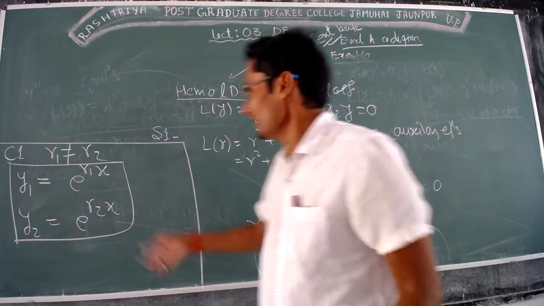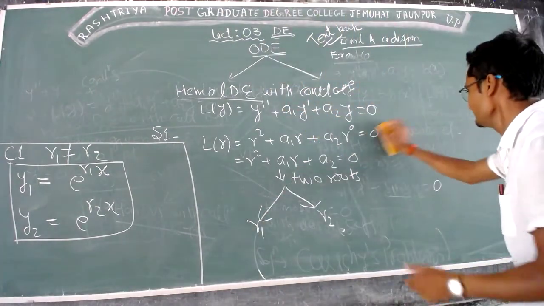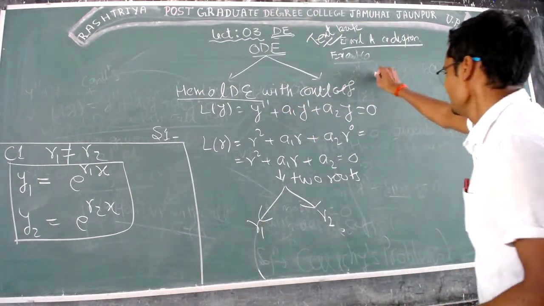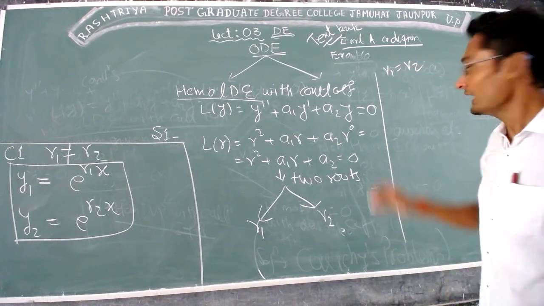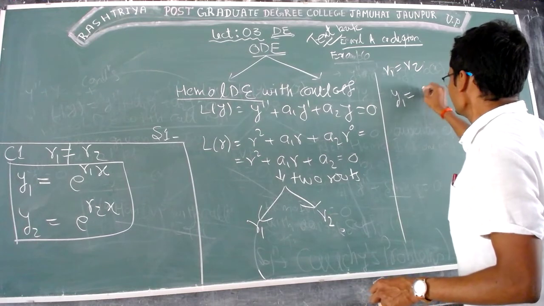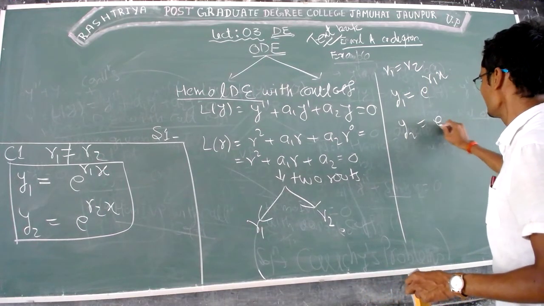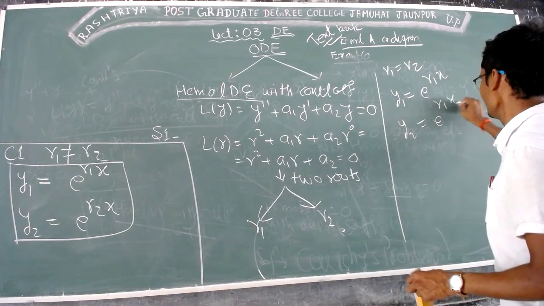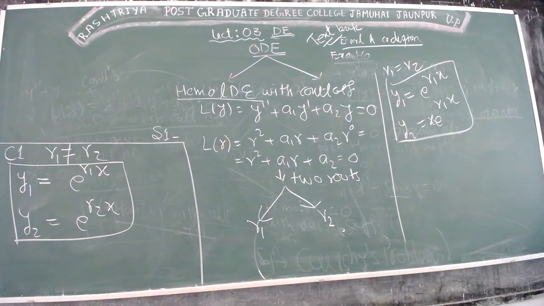When they are not the same, we have taken care. In the other case, when r1 is equal to r2, then y1 = e raised to the power r1x and y2 = e raised to the power r1x times x. This will be your answer.